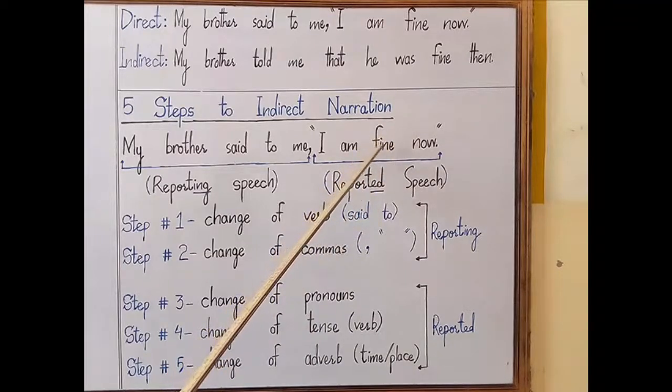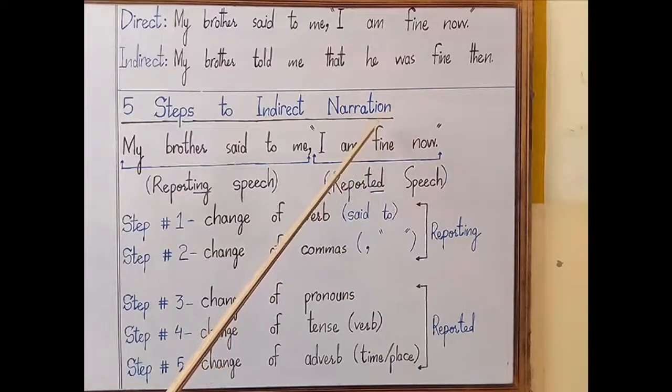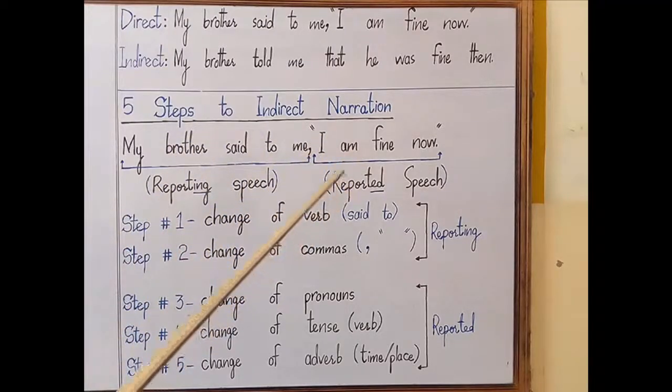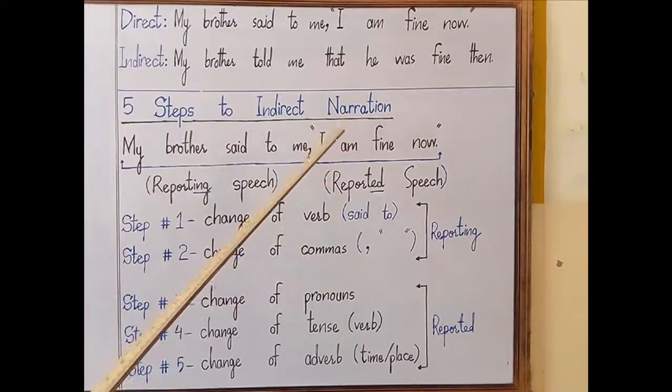If the tense here is present simple, present continuous, present perfect, or any other tense, what changes will we make to the tense or the verb of that sentence when converting it into an indirect narrative sentence? Let's get back to the chart I have drawn on the board.